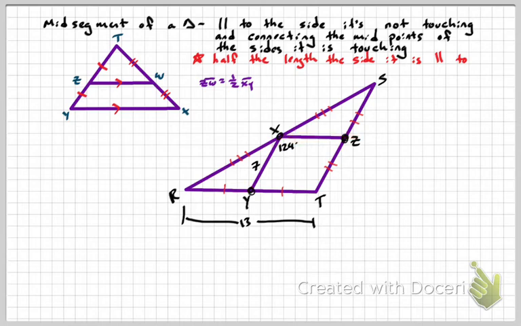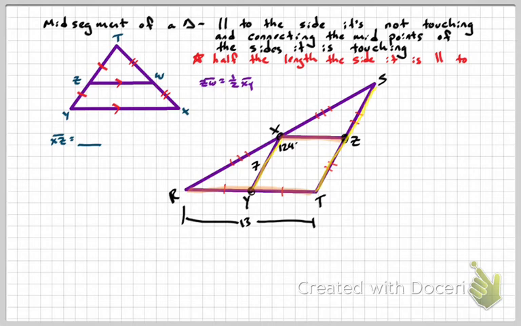Now what we're able to conclude then is that these orange segments are parallel, okay? And then these yellow segments are parallel as well. So knowing that, what is our length of XZ? Well, remember, the mid-segment is half the length of the side it's not touching.